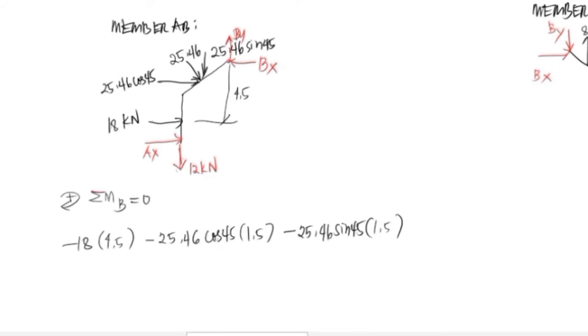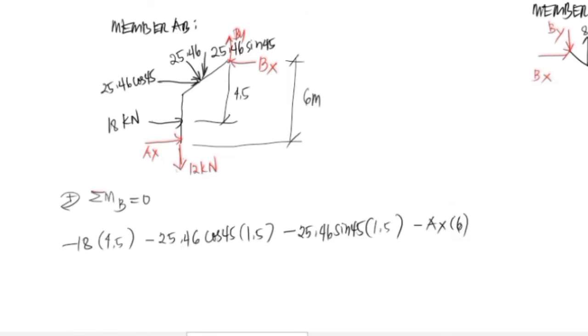And the AX will create a counterclockwise rotation. So we have minus AX as the distance of 6 meters. So AX multiplied by the distance of 6 meters.